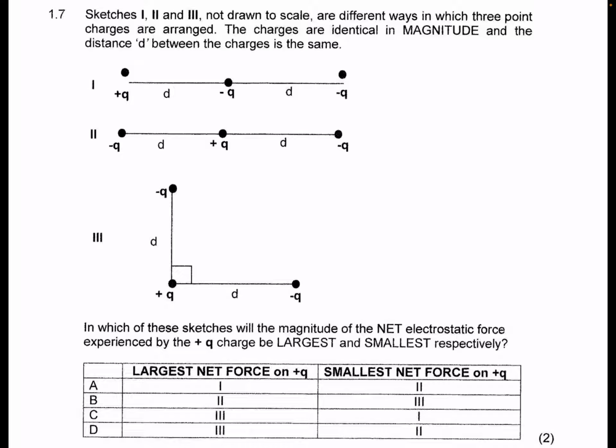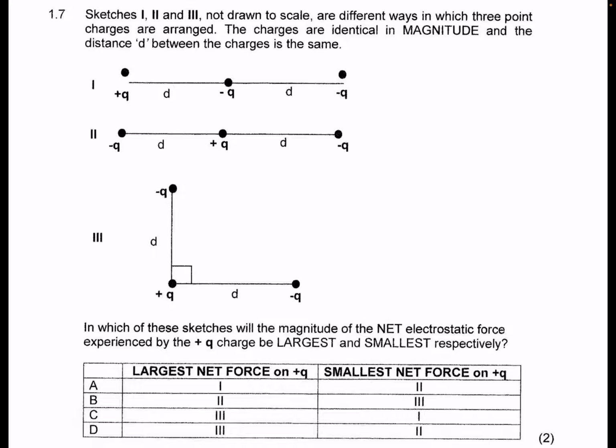We've got the 3 that are arranged in 1, 2, and 3. Now, they say to us, in which of these sketches will the magnitude of the net electrostatic force experienced by positive Q be the largest and smallest respectively.